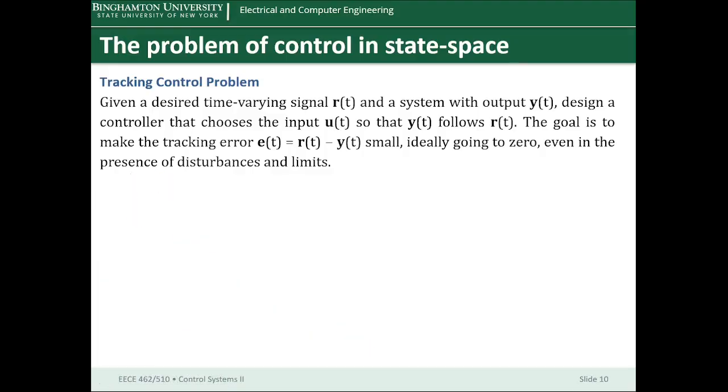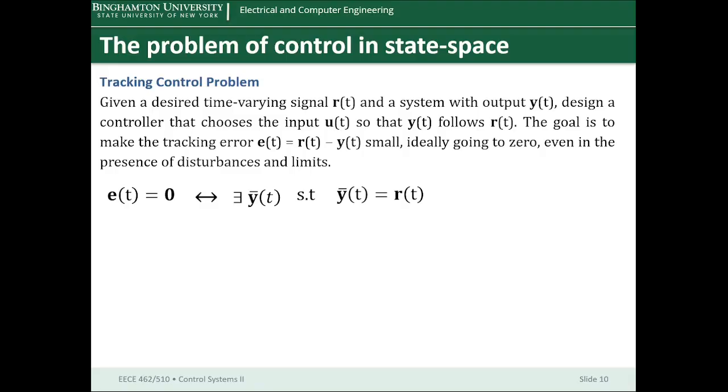We can define the tracking error e of t equal to the reference signal minus the output. When the error signal goes to 0, there exists a nominal output, which we call y bar, such that y bar equals r of t.